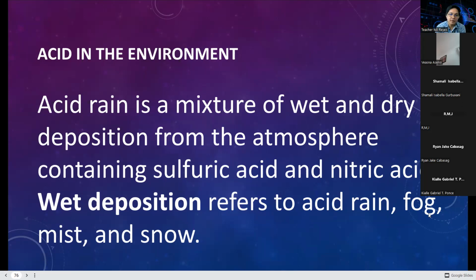And the nitric acid is actually the reaction of fog, which is a product of air pollution. That's the main reason why if there is air pollution, there's always acid rain.